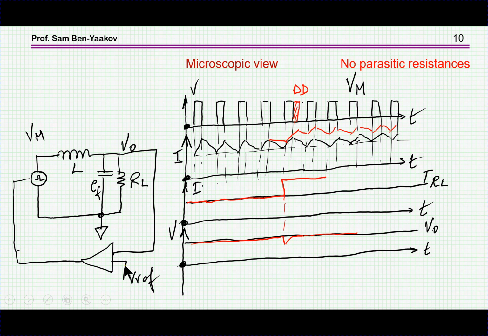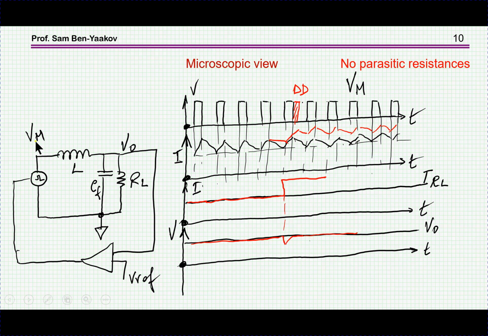This will be sensed by the amplifier, and momentarily the duty cycle will increase. This increase in duty cycle will change the time here and will cause the current to go higher. Then this could be enough, and it will go on as before, except that the level is now higher.